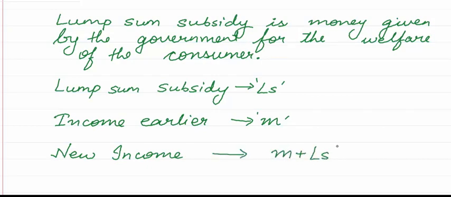So there is an increase in the income of the consumer from M to M plus LS, because this extra LS amount is being paid by the government to the consumer. So as we already know that the income effect shifts the budget line parallelly. Since there is an increase in income of the consumer, the budget line will shift parallelly towards its right hand side.